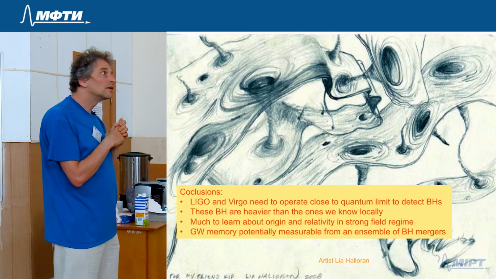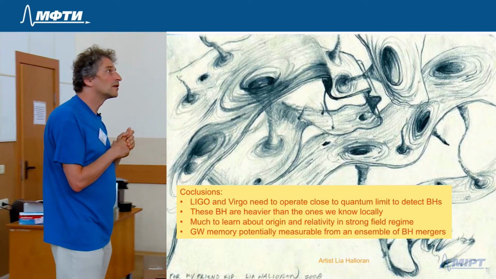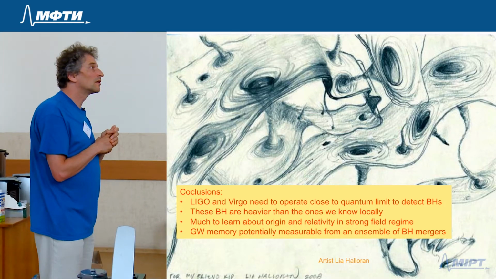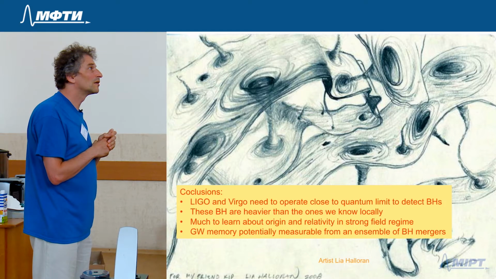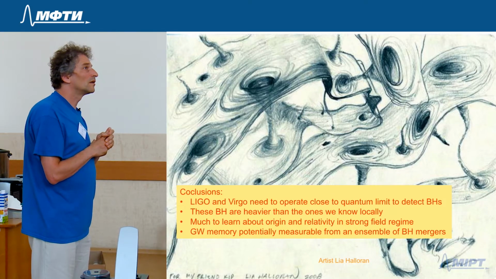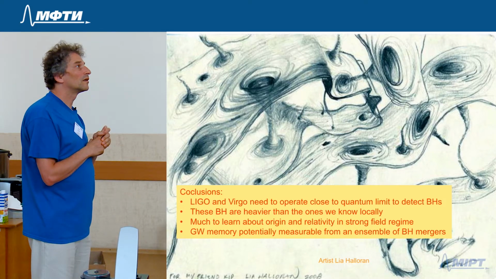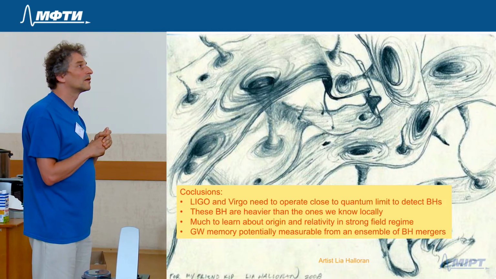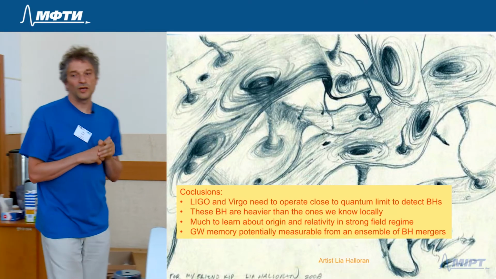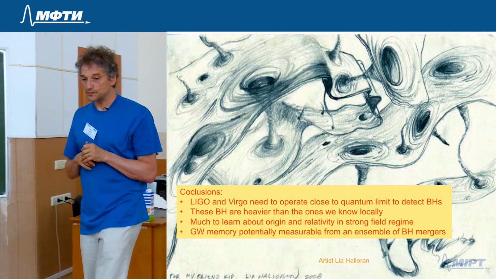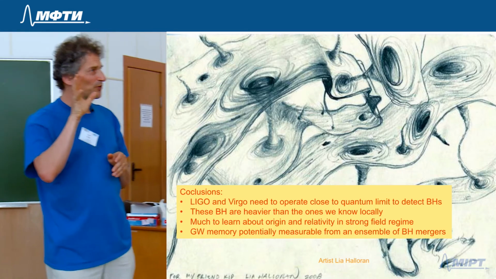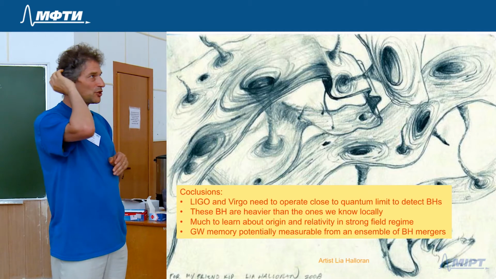And also a follow-up question. Can the strain both extend and contract? Like the final strain, could it be an extension in one direction, and can it also be a contraction? Gravitational wave memory is a gravitational wave. It's a DC gravitational wave.